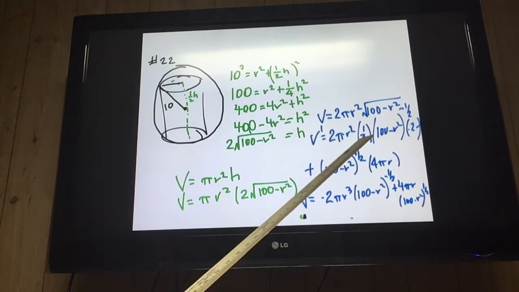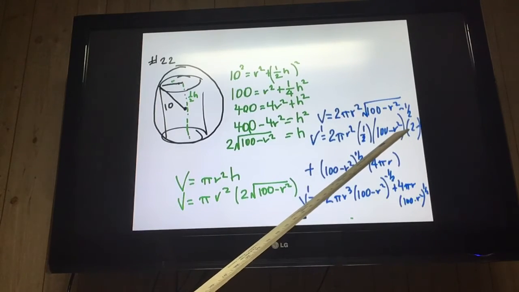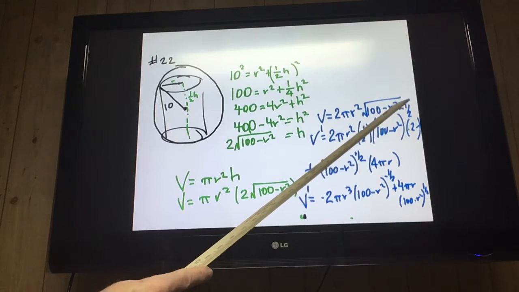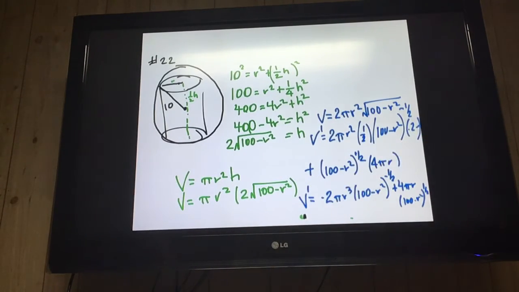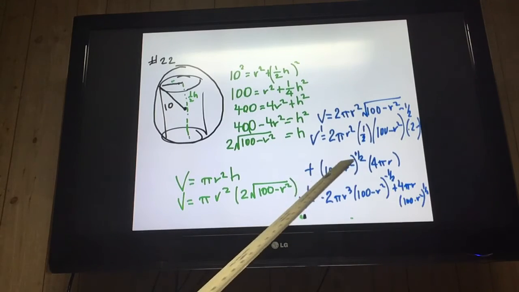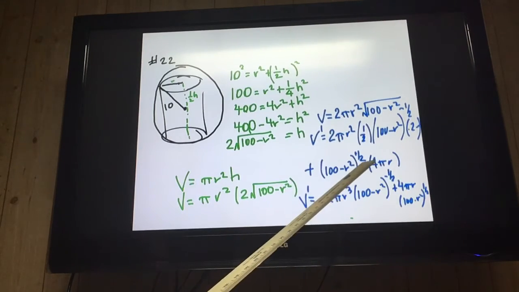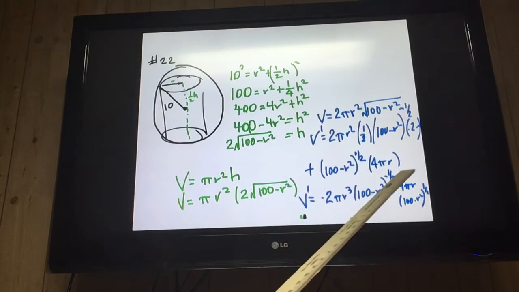So the 1/2 comes in front, subtract 1 to get the exponent of minus 1/2, times the derivative on the inside, which is negative 2r. That's supposed to be a negative 2r there. Plus the second, (100 minus r squared) to the 1/2, times the derivative of the first, which is 4 pi r. So here's my derivative right here.